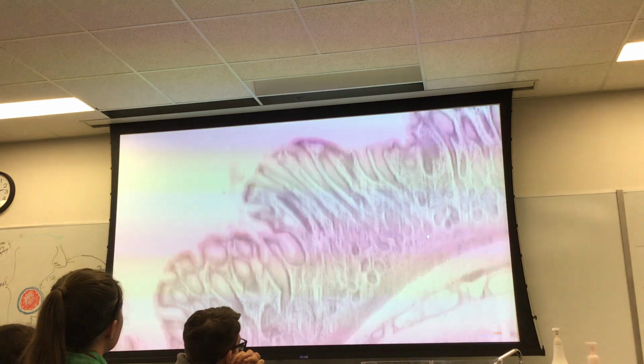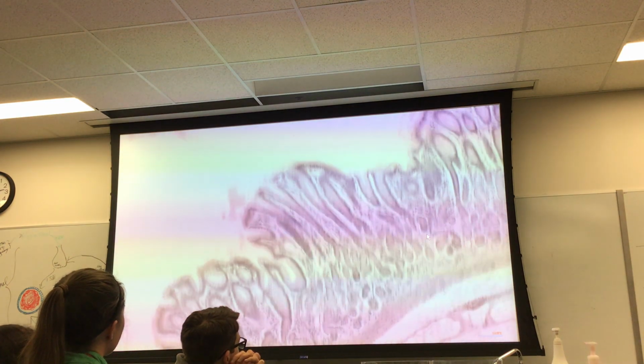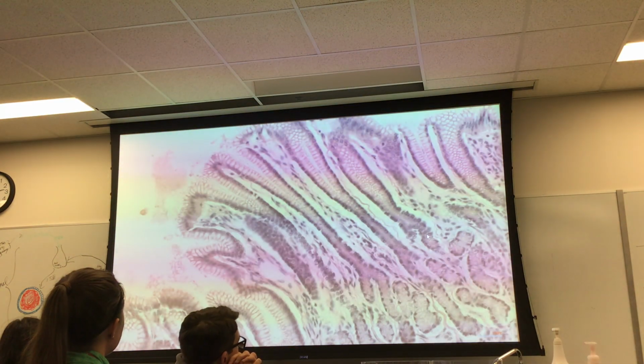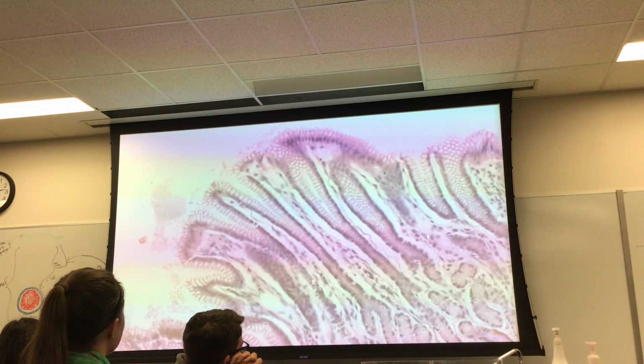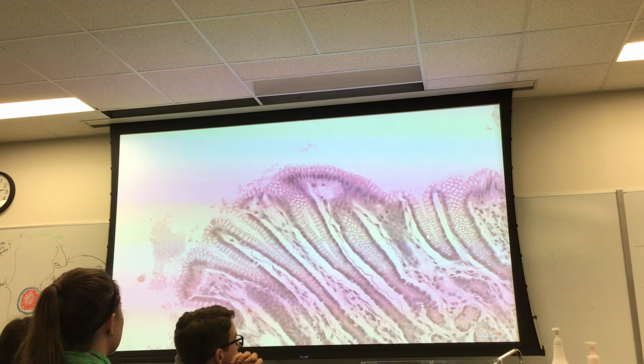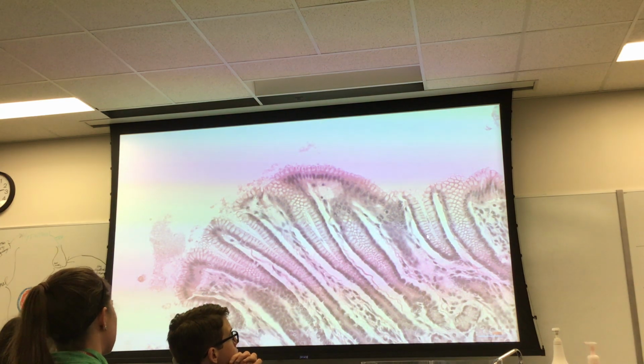This is something that you're going to see about a year from now. You're going to look at this at higher magnification and see that it's definitely a simple columnar, and you're going to say, wow, are those goblet cells? Then you're going to remember, no, it can't possibly be goblet cells, because every single one of them has this mucus.